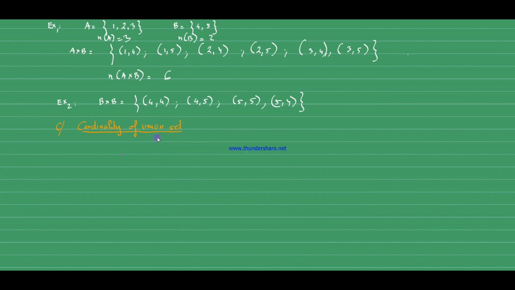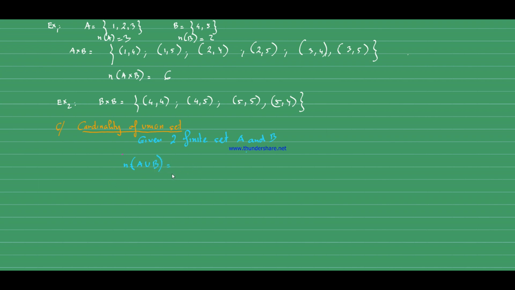Let me erase this and use a different color right here. What if I am given two finite sets, A and B, and I want to find the cardinality of set A union set B?